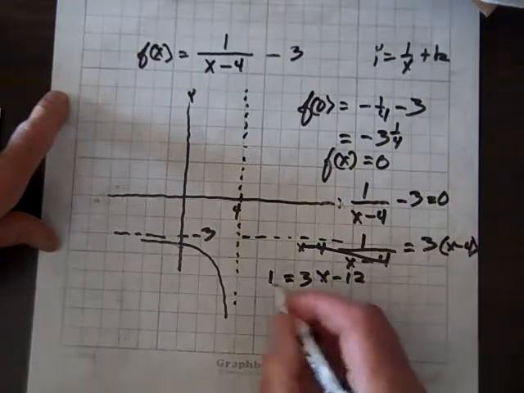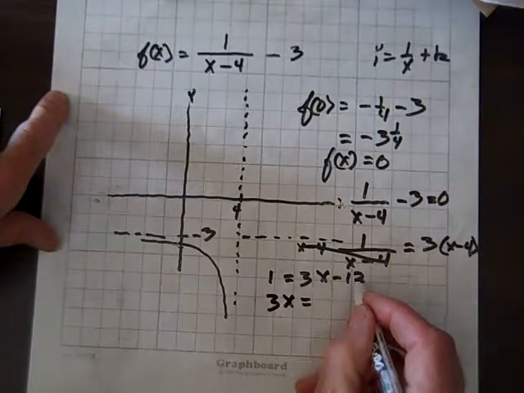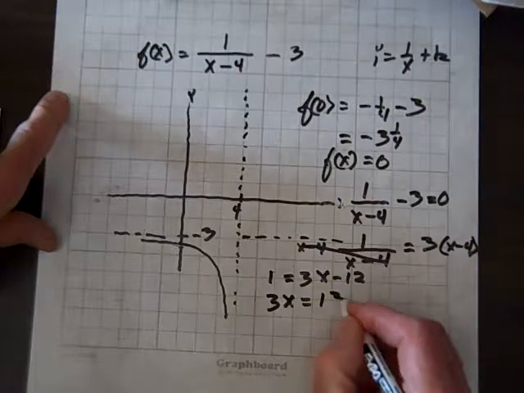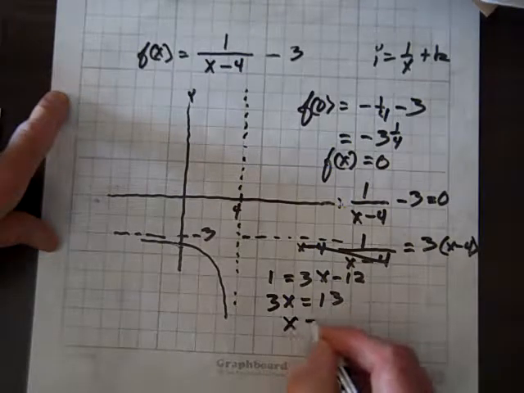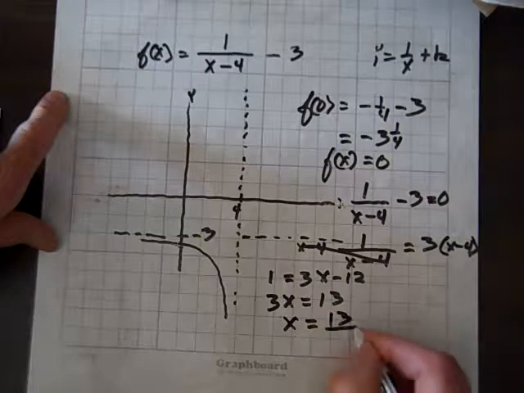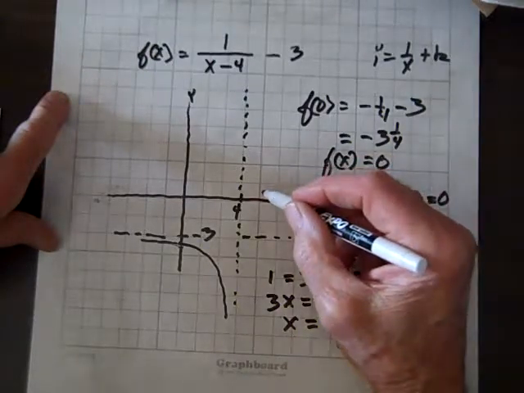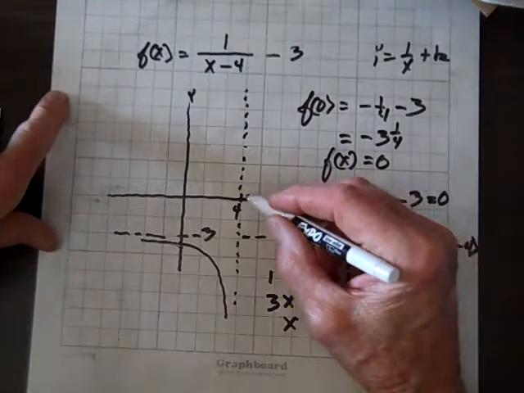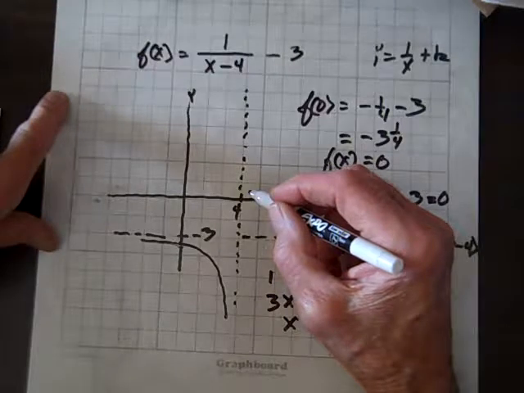So then if we add 12 to both sides, we get 3x equals, and 12 plus 1 is 13. So then dividing through by 3, we get x equals 13 over 3. Wow.